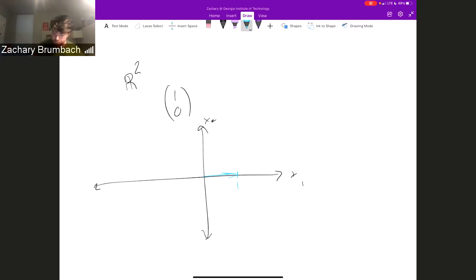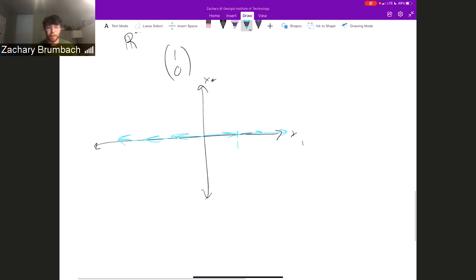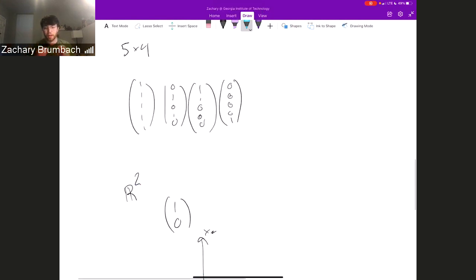So this is 1. And what is this single vector? We can multiply by any amount, so it becomes this whole line. Remember, we can multiply by -2, so it goes in both directions. This is essentially saying that 1 vector creates a line. If we have 4 vectors, they can create at most a 4-space, assuming they're not linear combinations of each other. Does that make more sense now?